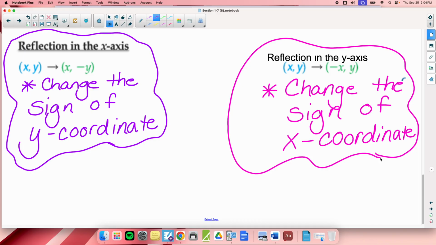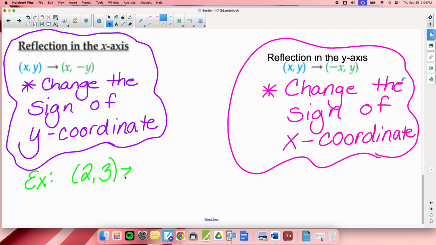Okay, are we good? Did I give you enough time? So I'll show you what I mean by this, and if you wanted to show an example, you could on your notes. So here's what I mean. If they gave you the point (2, 3) and asked you to reflect it over the x-axis, what this tells you to do is change the sign of your y.